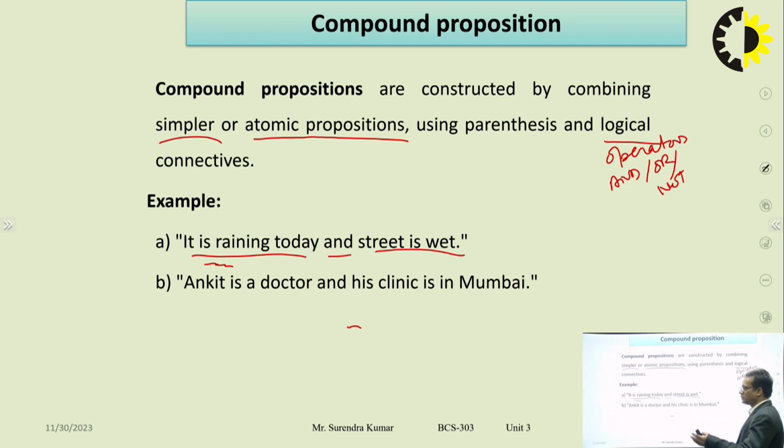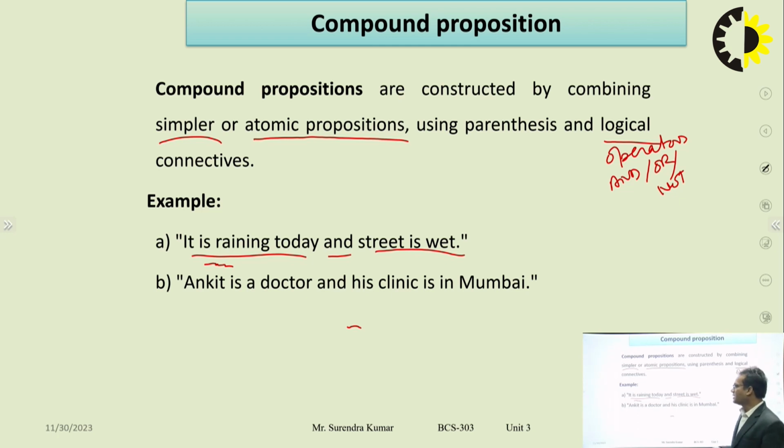So now the combined compound proposition will be: it is raining today and the state is wet. Again this statement will be true or false depending on both the atomic statements. We will find out the final result with the help of a truth table. So next we will discuss the truth table.